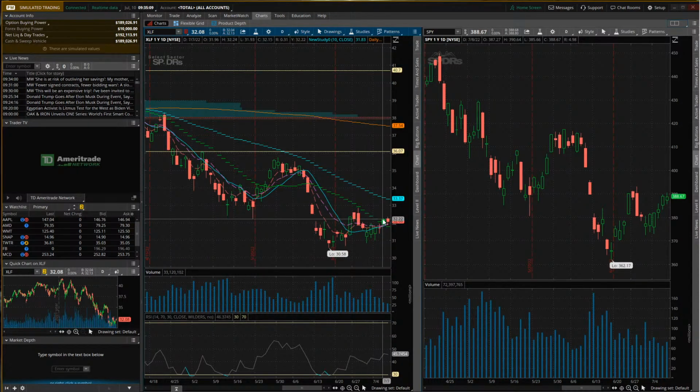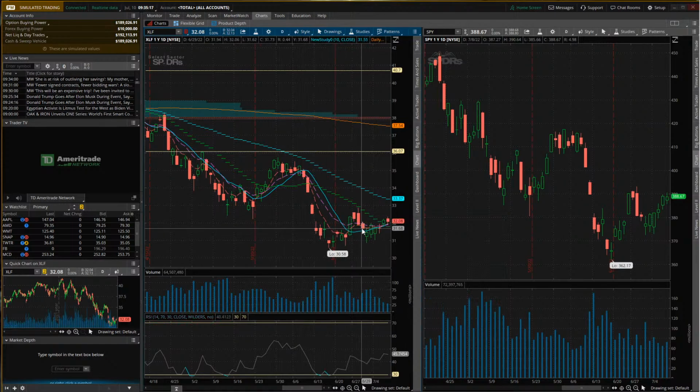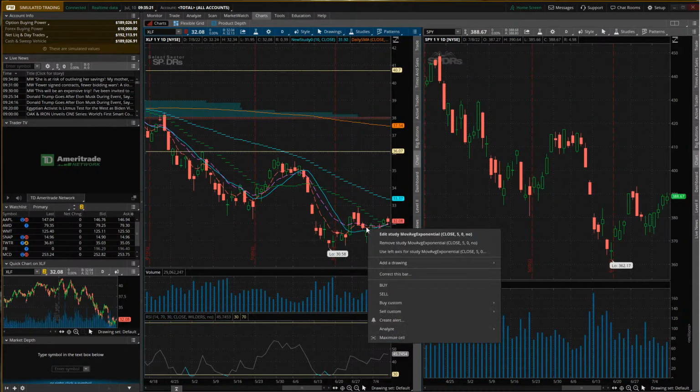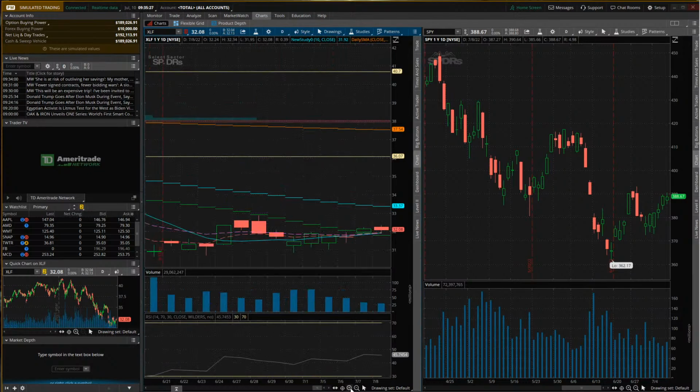But right now, price has just crossed over the 20 daily simple moving average, and we've got the 10 there and the 5 there. For the 5 and 10, I'd have to zoom in even closer to really see these guys moving around.